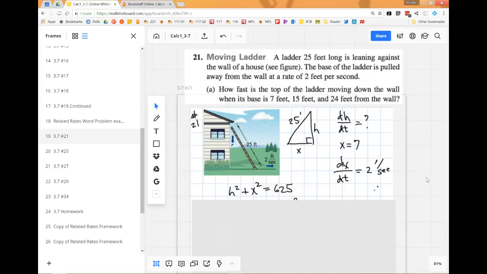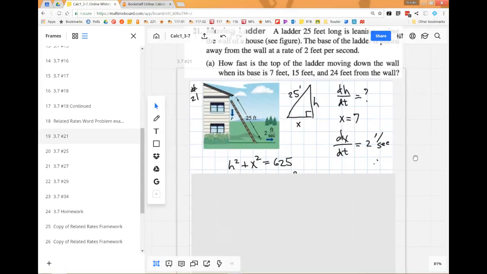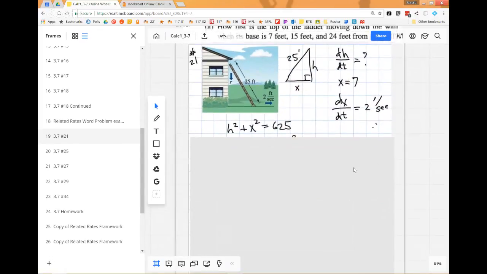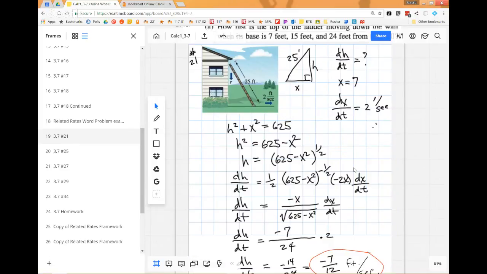We're supposed to find dh/dt, so let's get going here. I solved this for h: I moved the x squared over to the right, subtracted it, and took the square root. So right at this point, that's kind of where we're going to start.